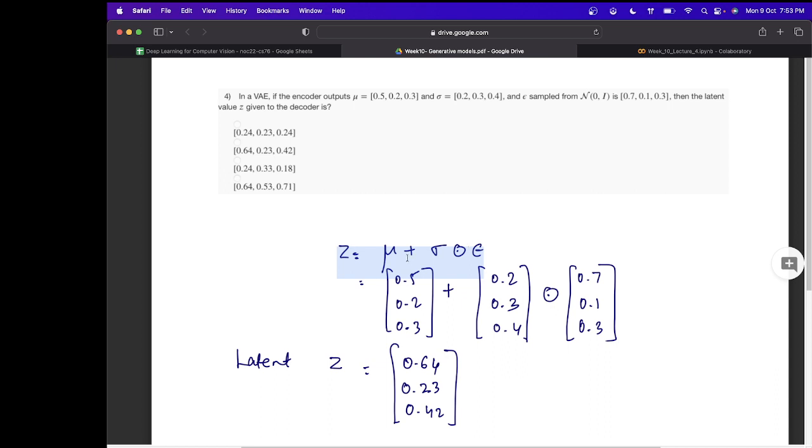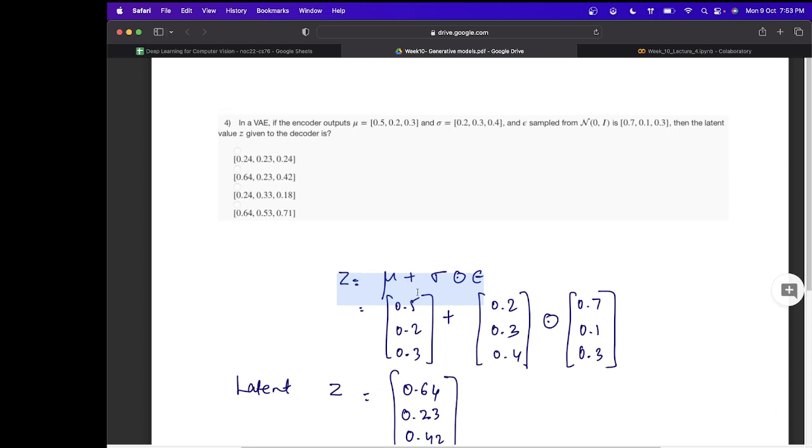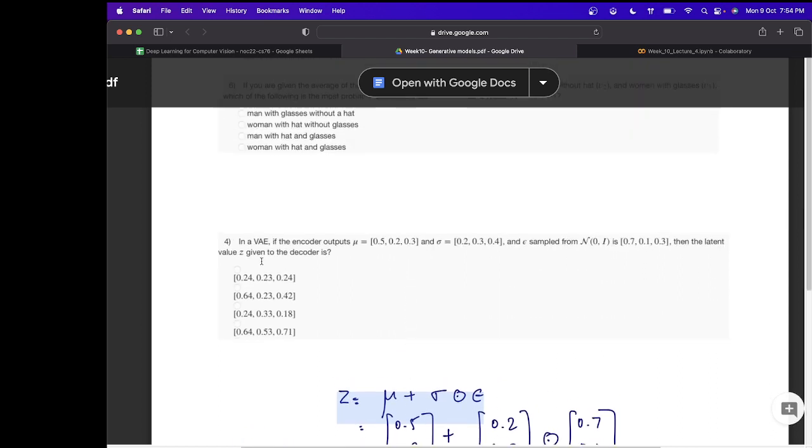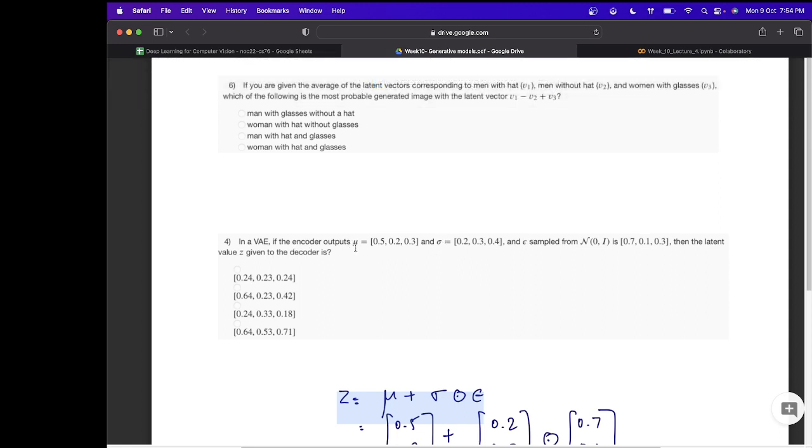So based on the parameters that you already predicted and the epsilon that you generate from the Gaussian, it is simple to find out the value of Z. Okay, so the question is now what? In a VAE, if the encoder outputs mu and sigma, they have given some mu sigma value as the final predicted value and some epsilon that has been sampled from the 0 1 Gaussian, and that epsilon's value is also given.